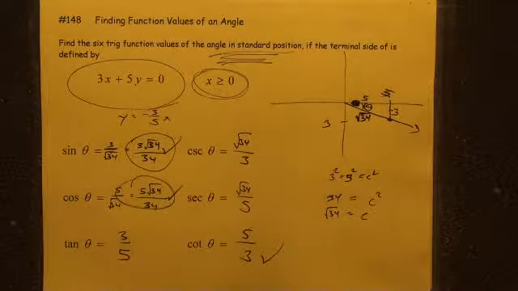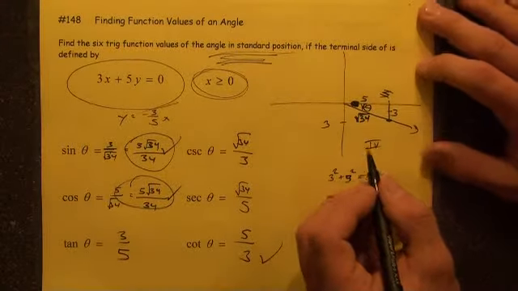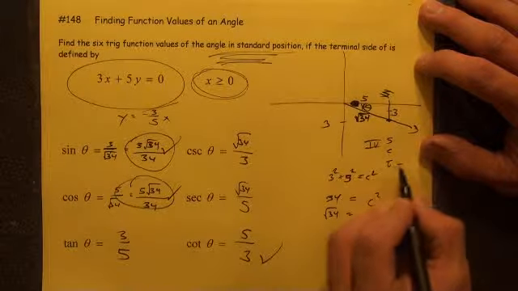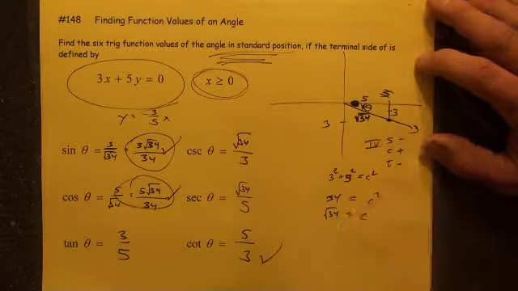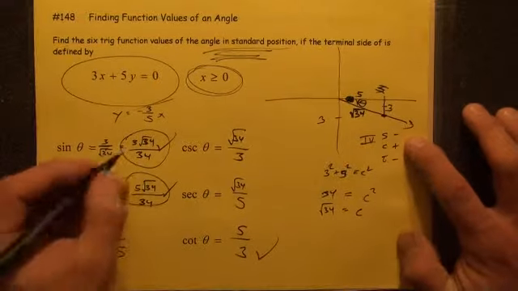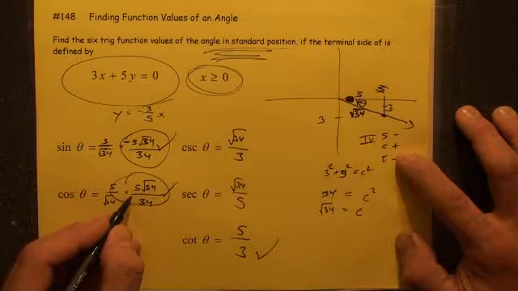The 3 is negative. What do we know about quadrant 4? Tangent is negative because sine is negative and cosine is positive. So we need to go back through here and take care of business. Sine's negative, so squeeze a negative in there. Cosine's positive, so this one's good.